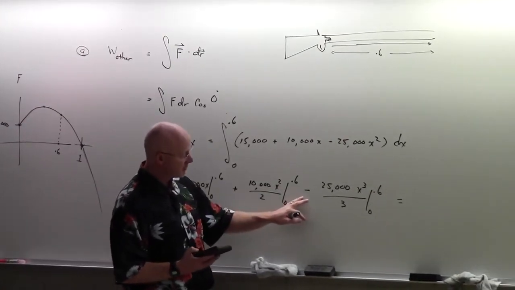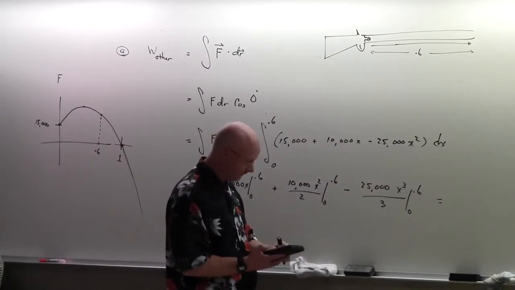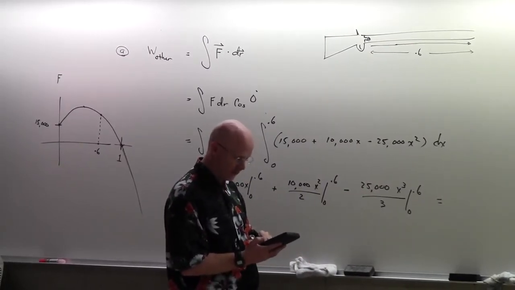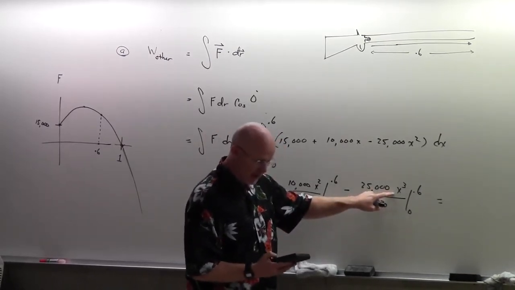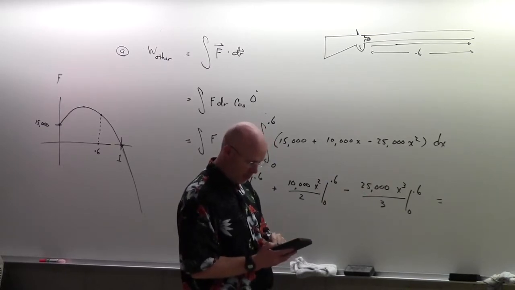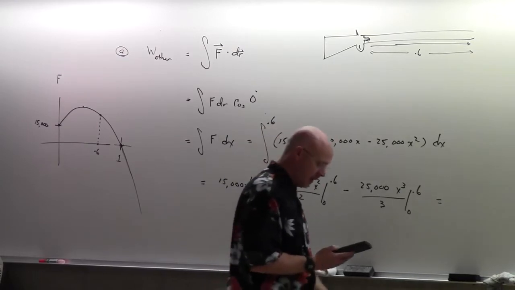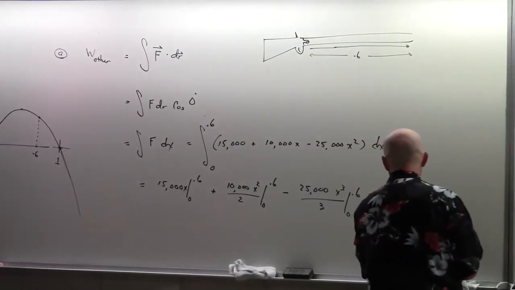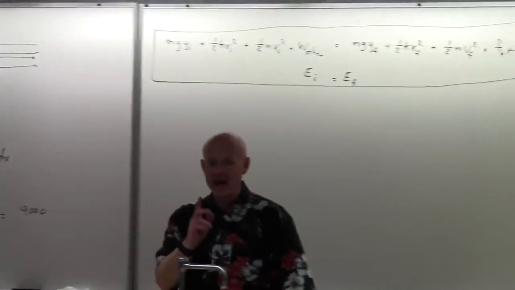Then I'm going to subtract off, I guess that would be 8,300, times 0.6 cubed. And so I should get the number 9,000. 9,000 what?